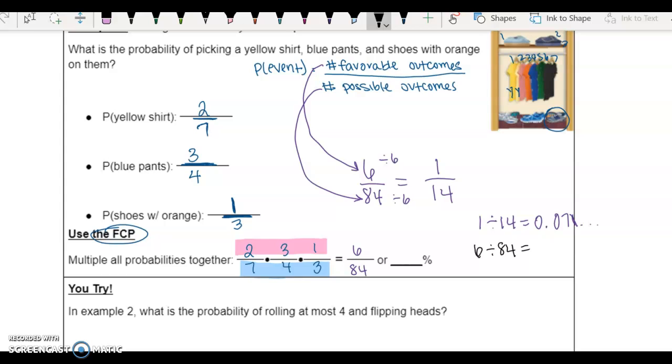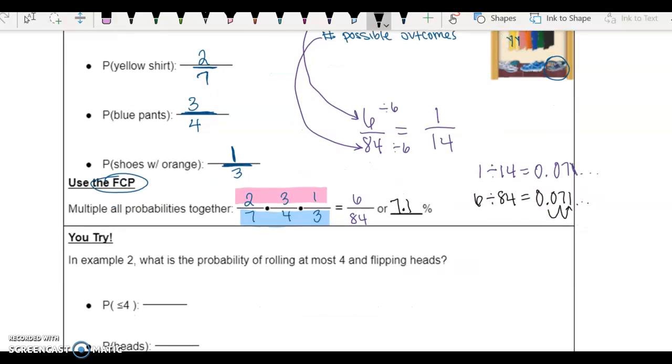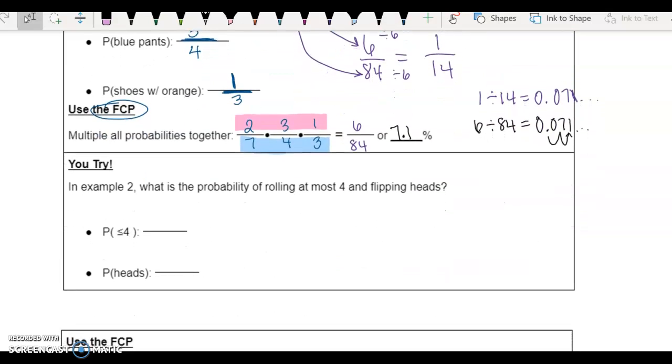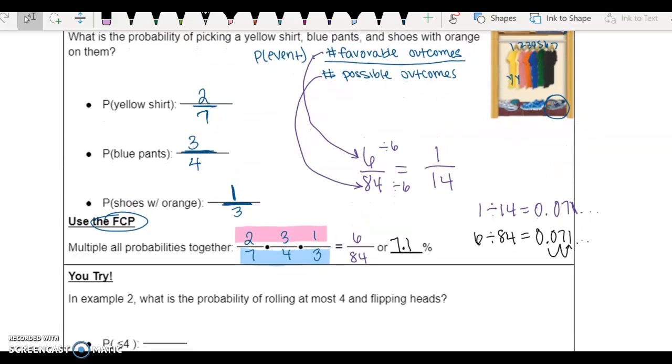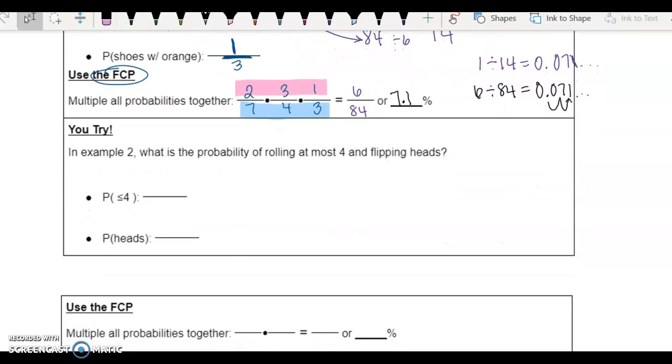You get the same thing. So it doesn't matter which one you use, but we just need to turn it into a percent. So we're going to move that decimal 2 times to the right. So we get 7.1, or about 7.1%. So about 7% of the time we meet the requirements of having a yellow shirt, blue pants with orange on our shoes.